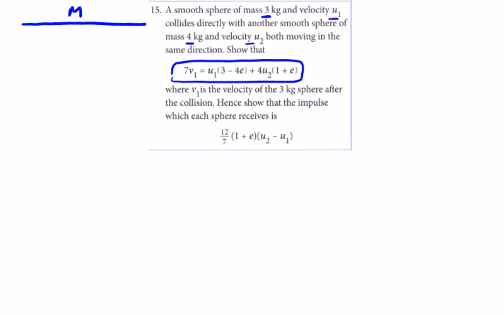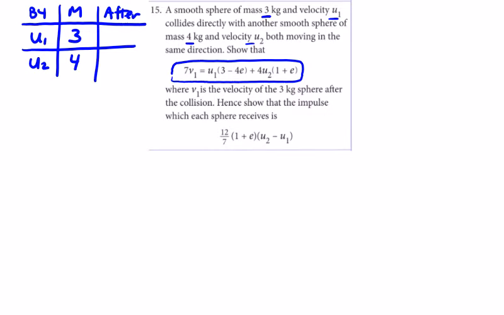Our masses are 3 and 4, and our speeds beforehand are u1 and u2, and afterwards we don't have anything.